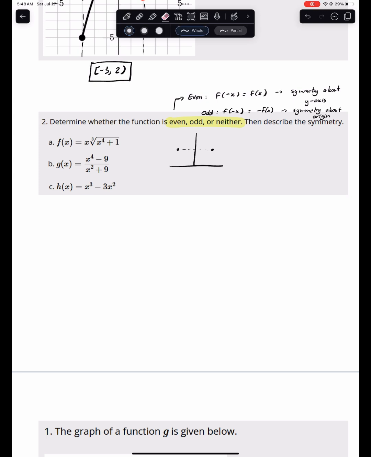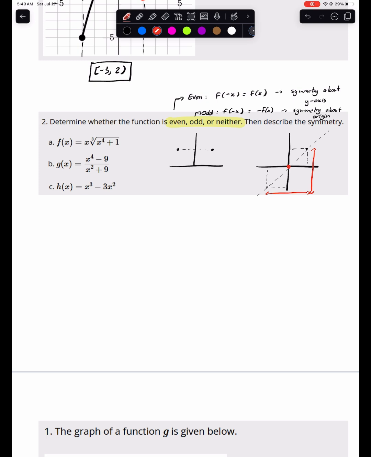So if you graph this instead, you have a point right here, right? So you're going to have a point at the opposite like this, right? And you can see that they make this really nice line through the origin like this, and it's symmetrical both in the x and the y, right? It's flipped both this way, the y, and this way, the x. And that is centered around the origin.